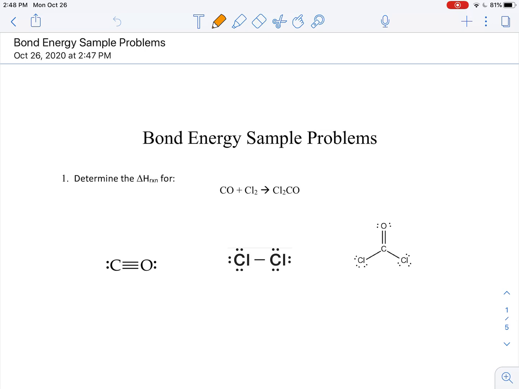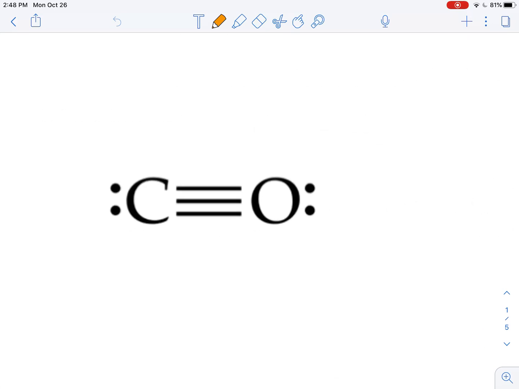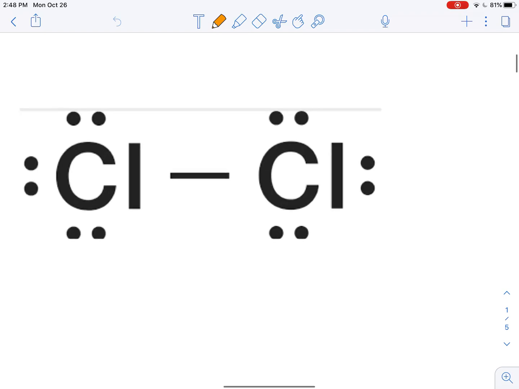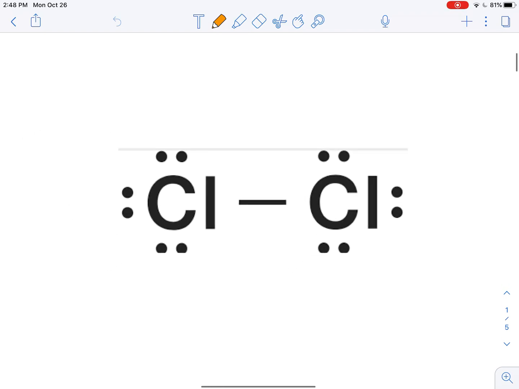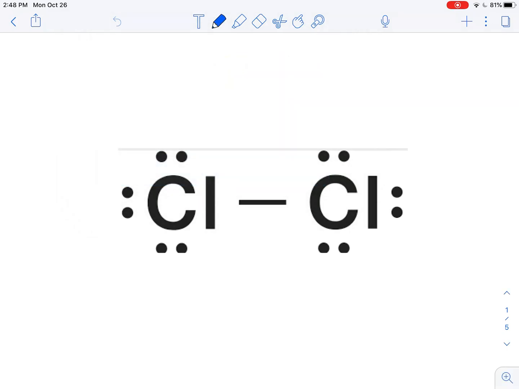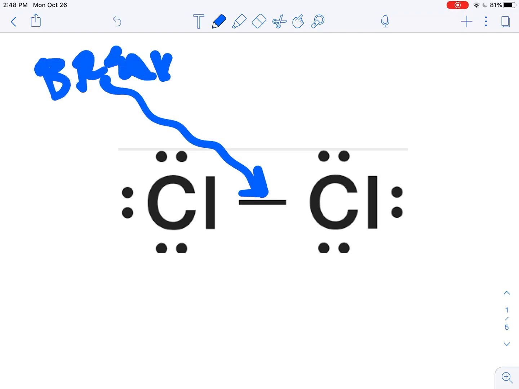So a couple of things to remember. If you are looking at a bond, whether it's a triple bond or a single bond or whatever, remember a couple of things about it. If the process is trying to break a bond, the energy goes in to break the bond, so it is a positive value.